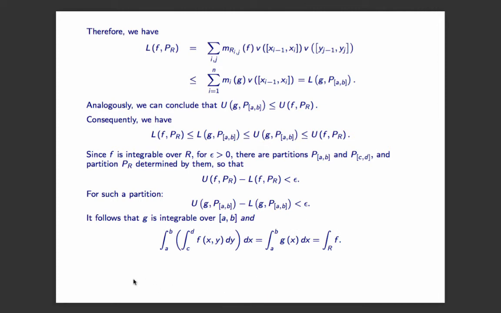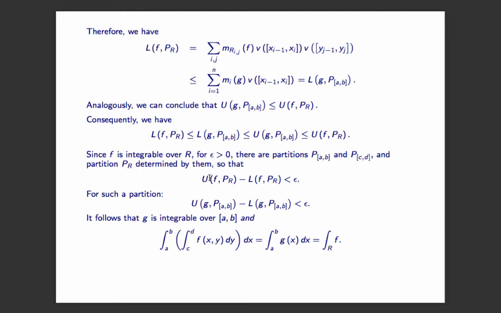Furthermore, the integral of g, and remember this is the integral of g from a to b, equals the integral of f over the rectangle R. Because it's sandwiched in the middle, these are arbitrarily close, but this is also arbitrarily close.